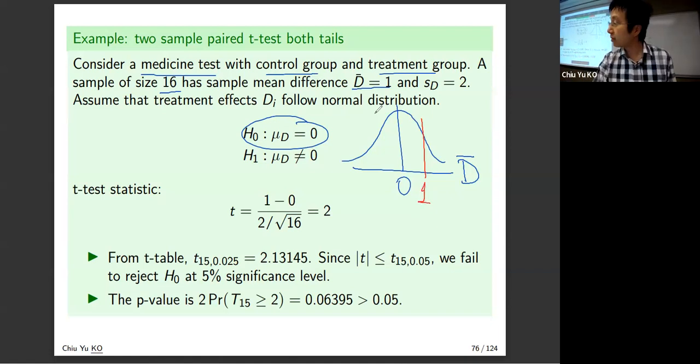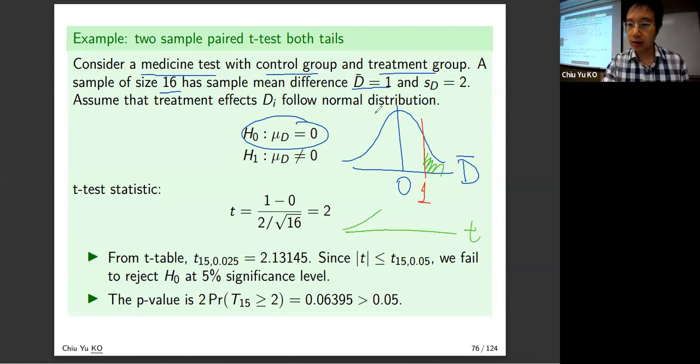Again, look at this area. If this area is large enough, then yes, otherwise not. But we use the t, because we don't know the sigma. So let's convert to t here, and then we're done. That becomes 2.